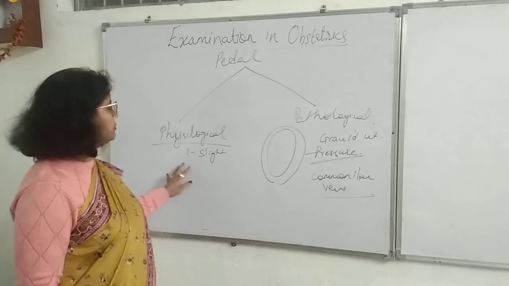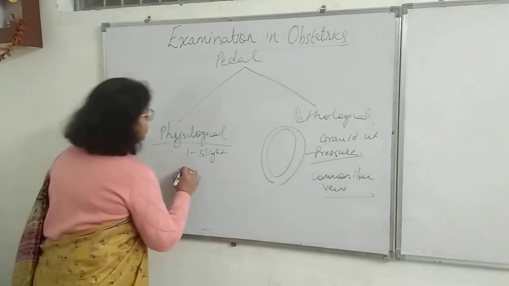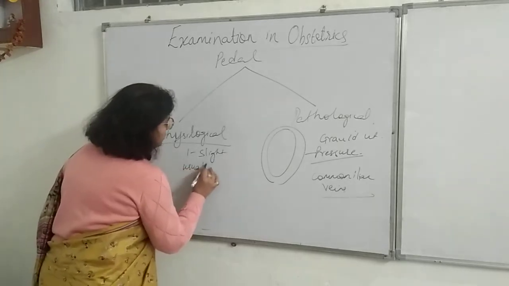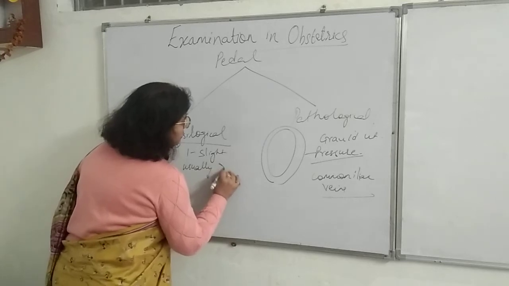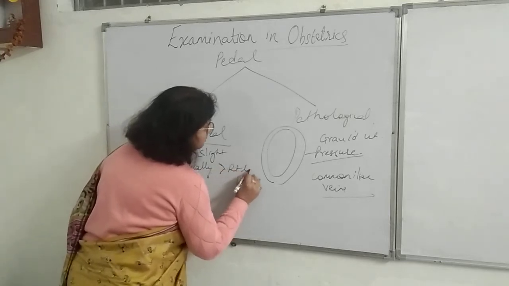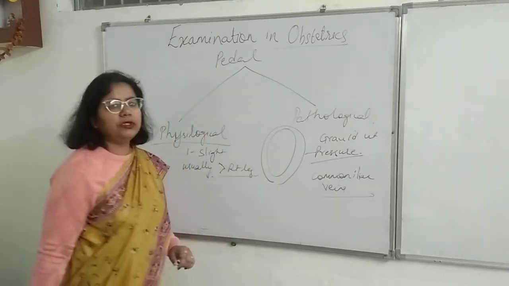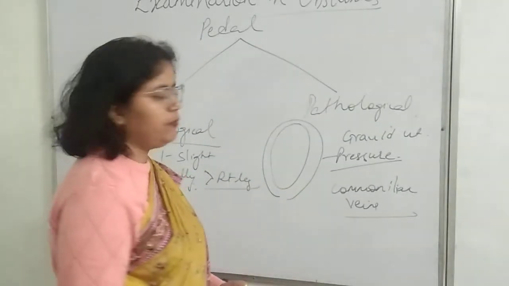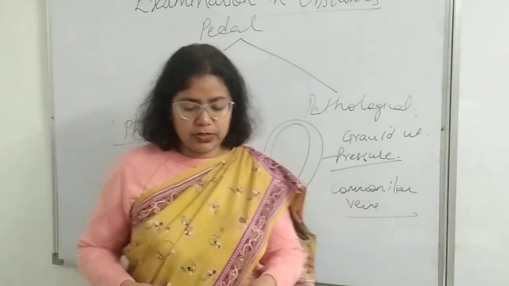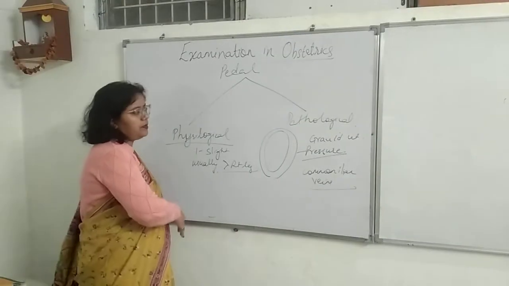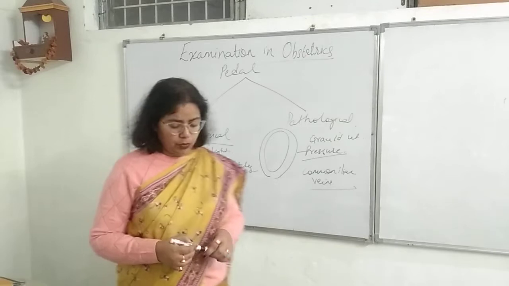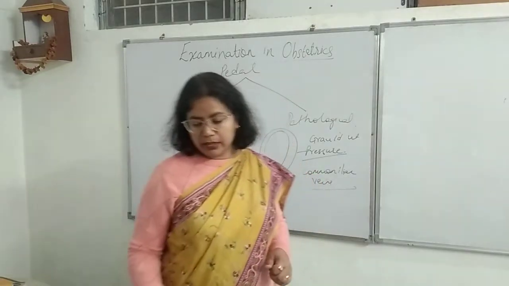Number two, usually, not always, but usually it is more in the right leg. This is because of the dextrorotation of the uterus, which causes more pressure on the right side, the right lower extremity. Okay.